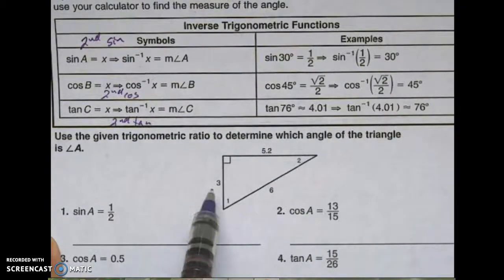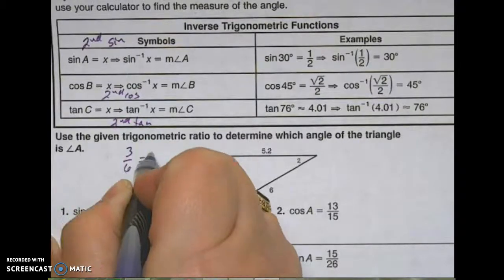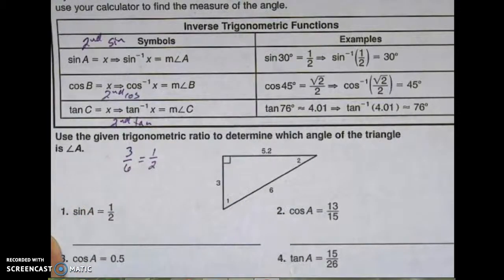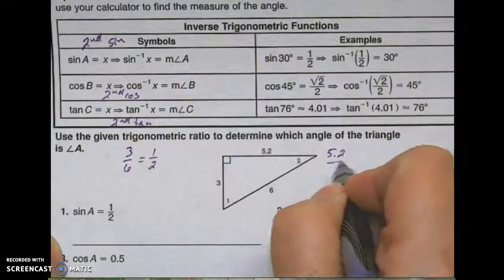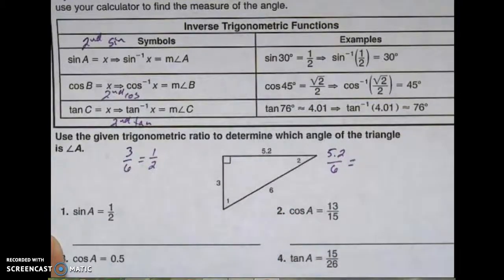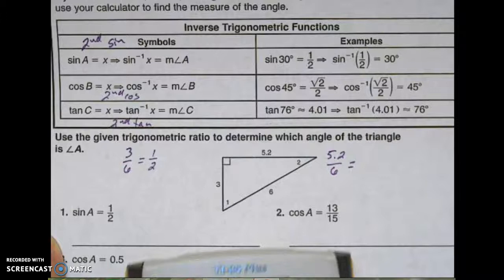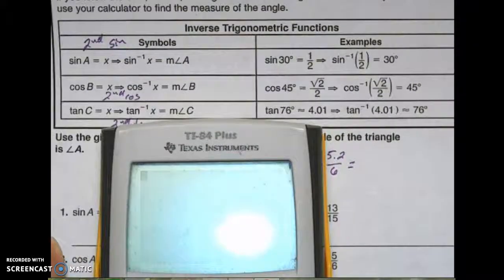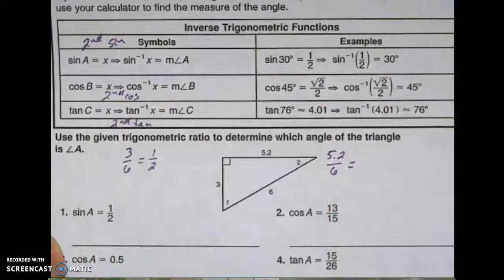The ratio of 3 over 6 reduces to 1/2. For the ratio of 5.2 over 6, I can't tell by looking what the reduced fraction would be, so I put it in my calculator, 5.2 divided by 6, and hit math, enter to get 13/15.